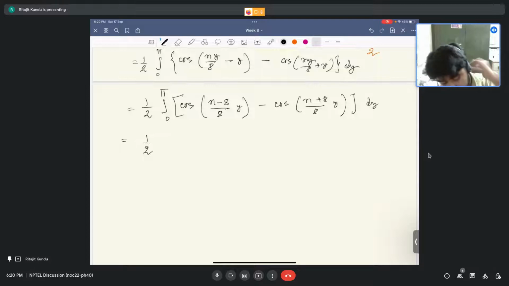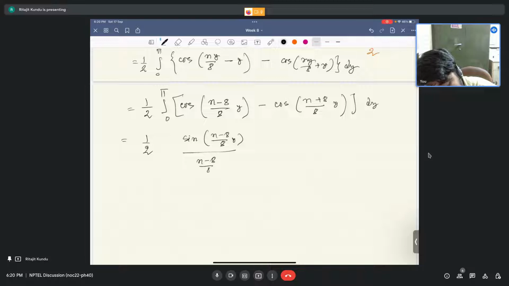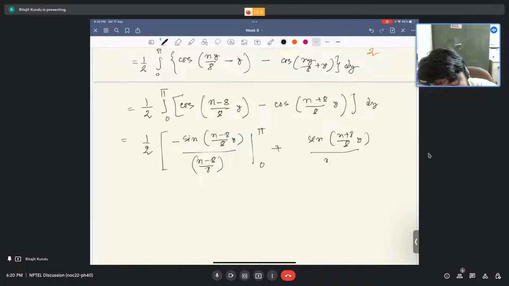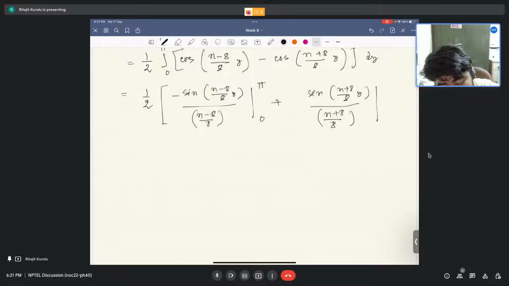Cosine integrations are pretty easy, right? It becomes sine of (n minus 8) by 8 y, divided by (n minus 8) by 8, with the limits 0 to pi, and there is an additional minus. And there is also sine of (n plus 8) by 8 y, divided by (n plus 8) by 8, from 0 to pi.